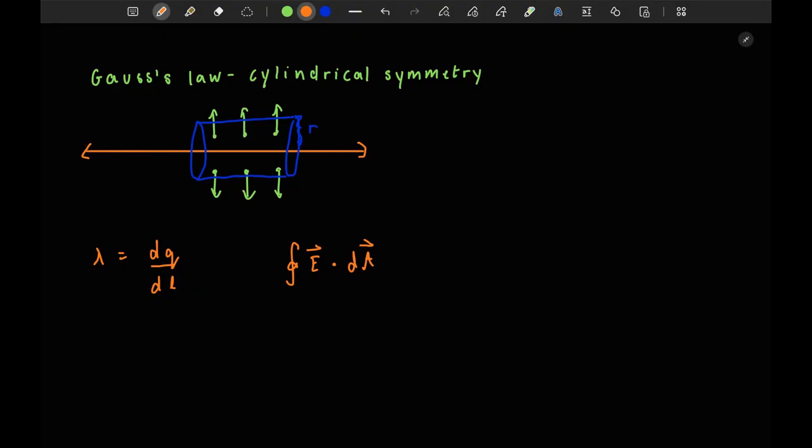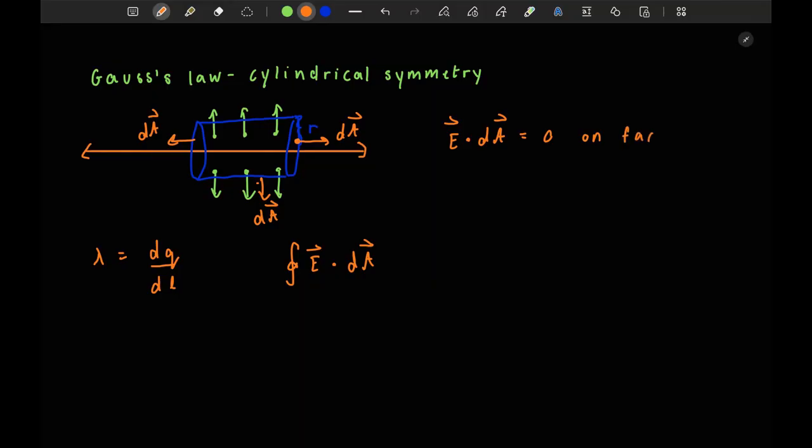Let's draw it below for clarity. On our two faces, dA points to the right and to the left, respectively. For that reason, on our two faces, E dot dA will equal 0 because E is embedded into the face, right? E is perpendicular to dA. So E dot dA equals 0 on faces.